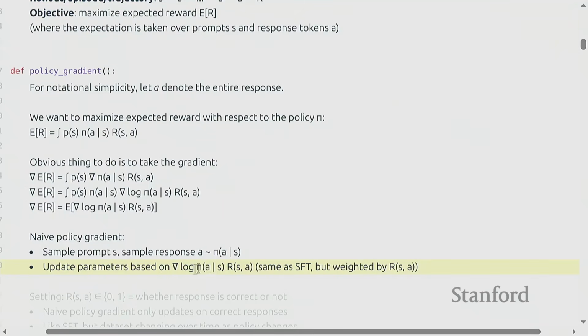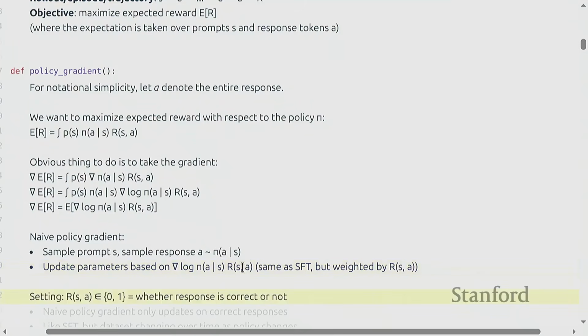So the interpretation is that this is essentially the same as SFT, except everything is weighted by the reward. In SFT, a human being writes down A for you, and you just mimic A and update the parameters to maximize the probability of that action. And now A is generated by the model, but you get to hit it with a reward.